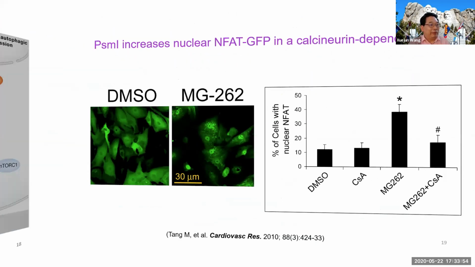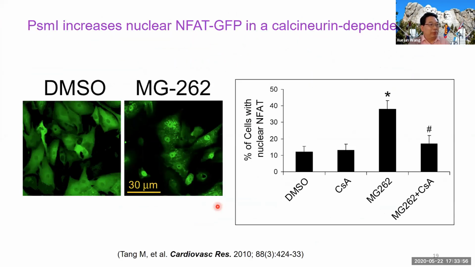And we observed previously, and also reported about 10 years ago, that proteasome inhibition can activate the calcineurin-NFAT pathway. So we knew calcineurin can be activated by proteasome inhibition. That's why we thought maybe the calcineurin and TFEB pathway may be involved here.